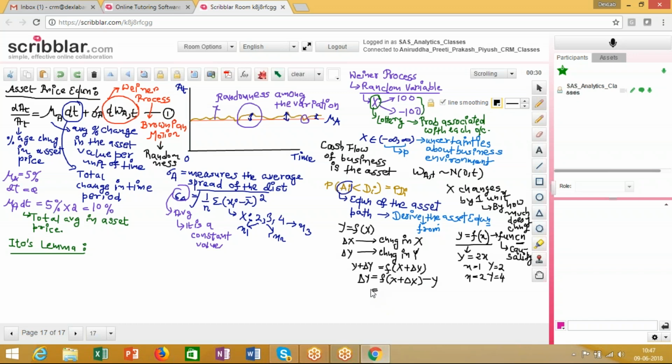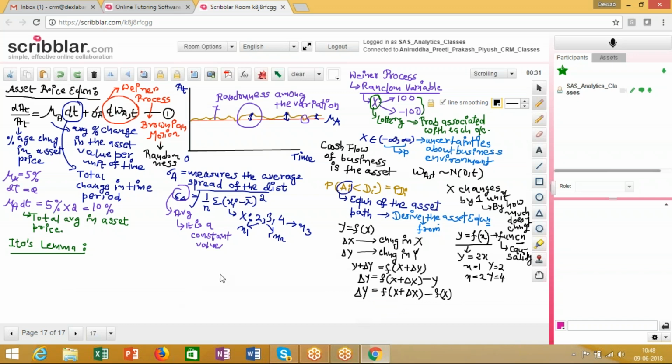So f of x plus delta x is the final value of y after changes happened, and the initial value was f of x. So delta y over here is this.